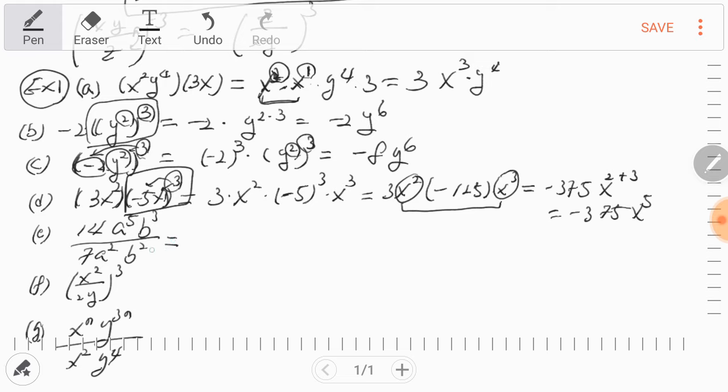Okay, the next expression is the numbers 14 and 7. We can reduce this. Divide top and bottom by 7, then 2 and 1. So the numerator is 2. How about the a's?